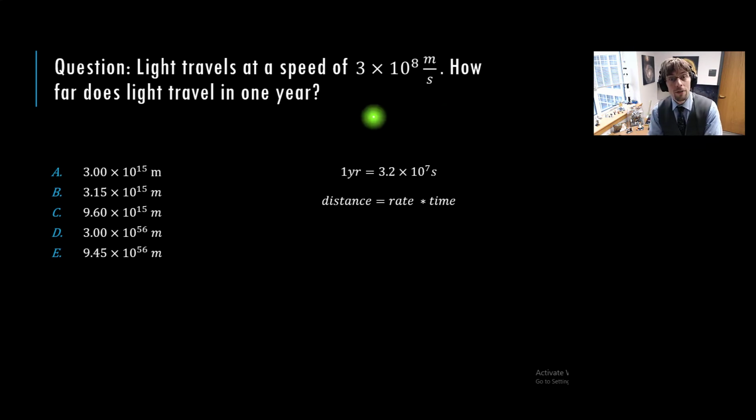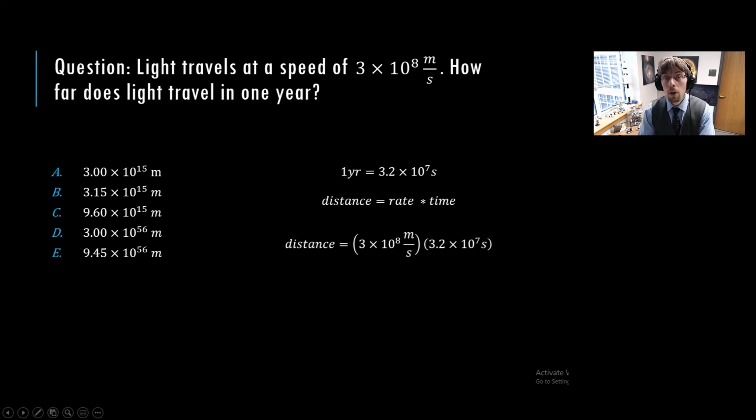So you're going a lot faster and you're traveling for a lot longer. But the whole idea, the process stays the same. So we get distance equals the rate, the speed of light, times time, the number of seconds in a year. Notice as well, the seconds in the denominator cancel the seconds in the numerator.